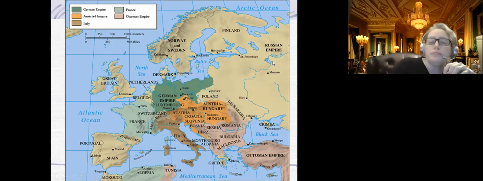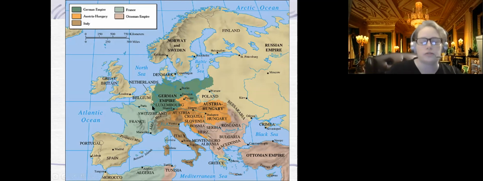Now, by 1871, the map of Europe had changed. We've had the unification of two significant countries, okay? Germany, which has now become the German Empire. It had been Prussia centered over here in the east, but now they have this vast territory that stretches all the way over here to the French border, much to the annoyance of the French. But you also have Italy down here.